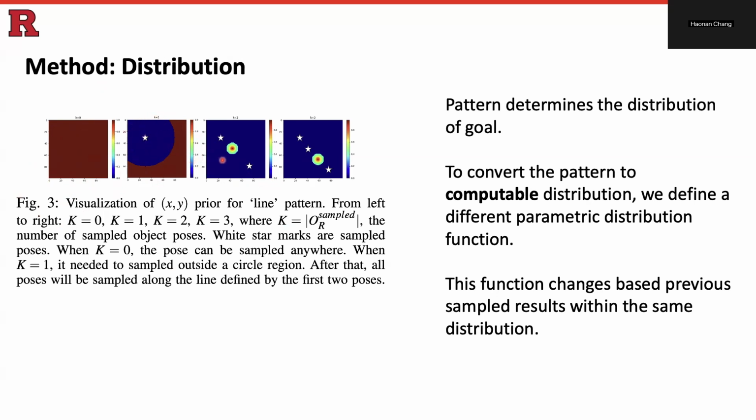After the first one and second one are determined, the line is determined. So we sample the third one here, and then we sample the fourth one here. This is how we are transforming a pattern type to a computable distribution function.